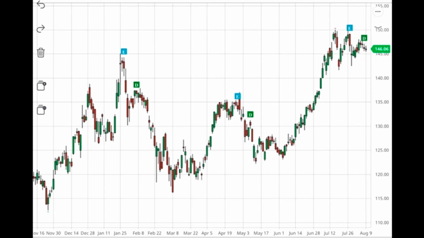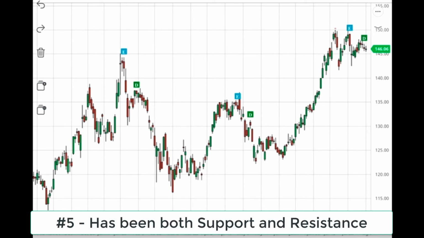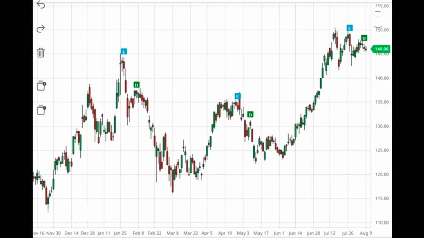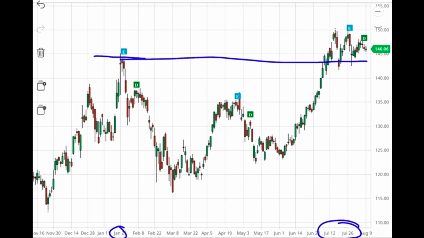And then number 5, you want to find levels that have been both a support and a resistance level over time. So for example, here we can see this was a level of resistance back in January, but then here in July, we see a similar line of support.